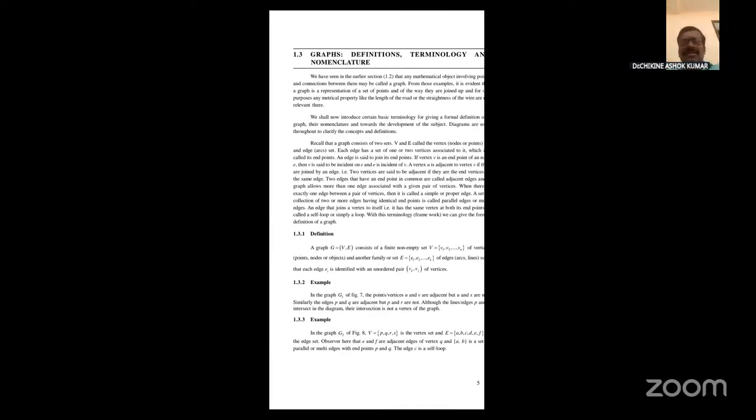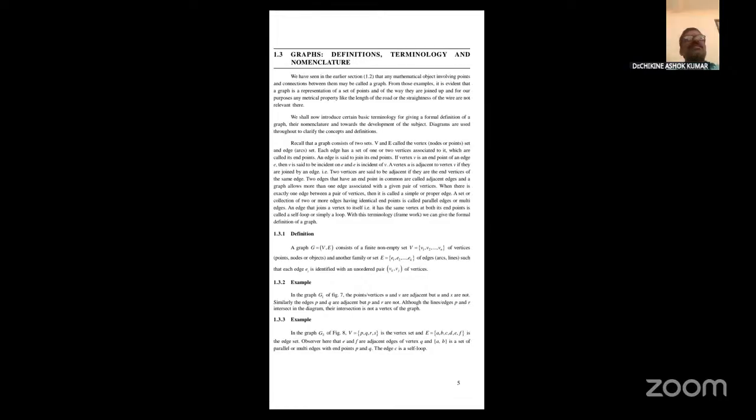So the definition of a graph is a combination of vertices and edges, which consists of a finite non-empty set V equal to V1 to Vn, that is, I am taking V1, V2, up to Vn vertices, and also a finite number of edges E1, E2, up to En.